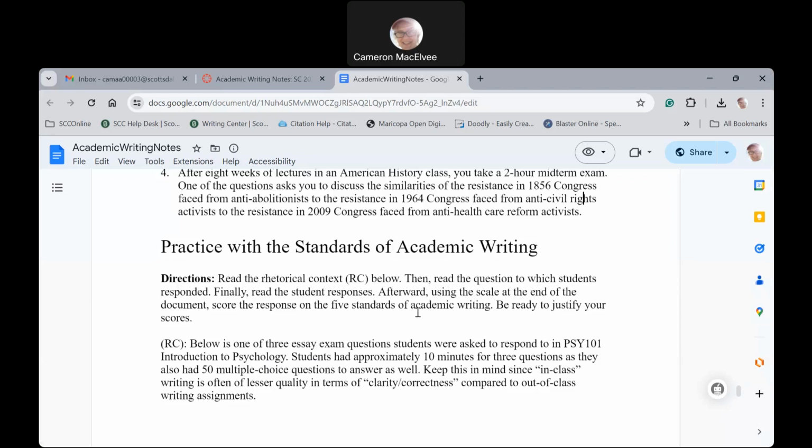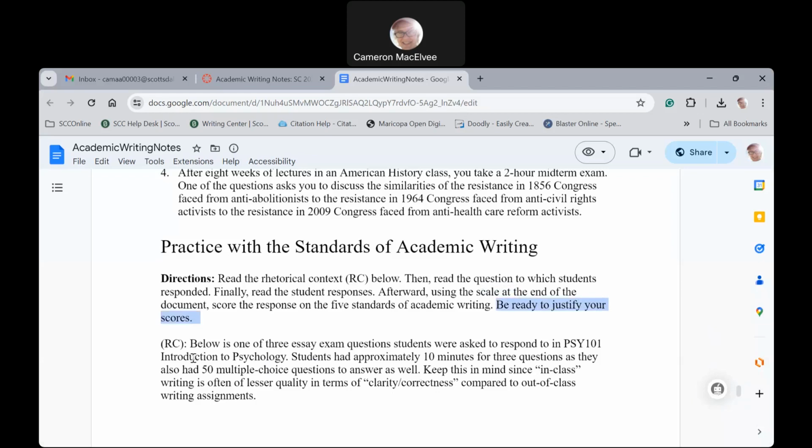So these are real student responses. We have 3 student responses here, and we're going to evaluate them using the 5 standards. There's a scale at the end where we can document the score for each of them, and you should, at least in your mind, be ready to justify why you gave them that score.